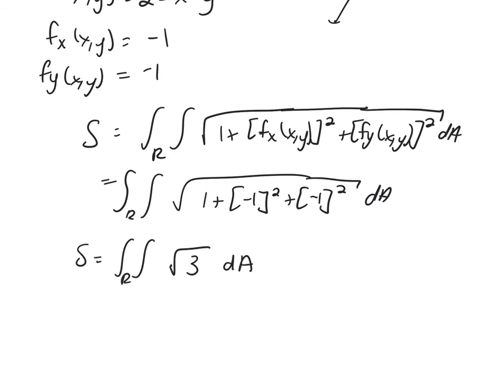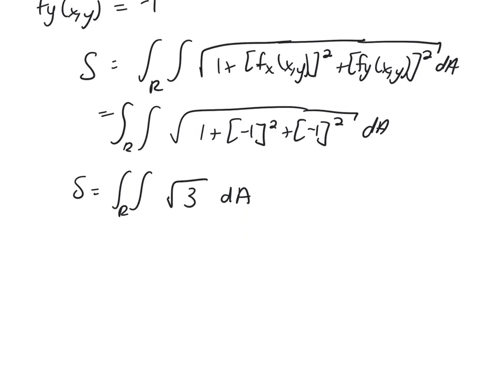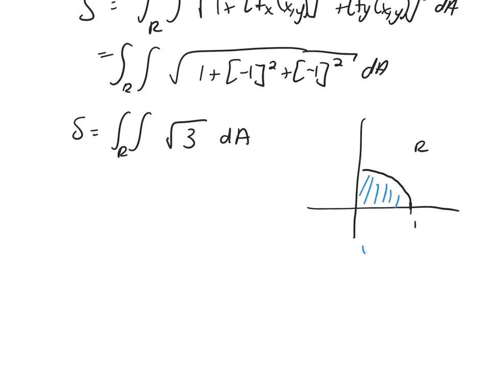Now here, our region is a circle, and it's just the circle that's in the first quadrant, circle of radius 1. This is our region R here. And because we're working with a circle, we should probably work with polar coordinates. So let's use polar coordinates now.